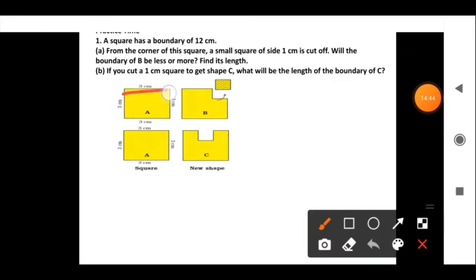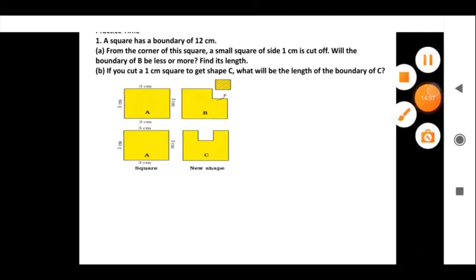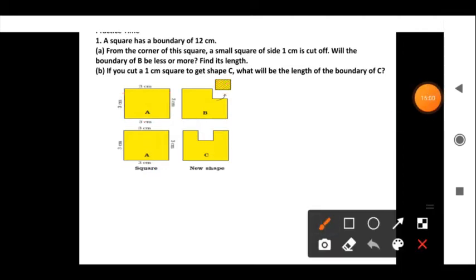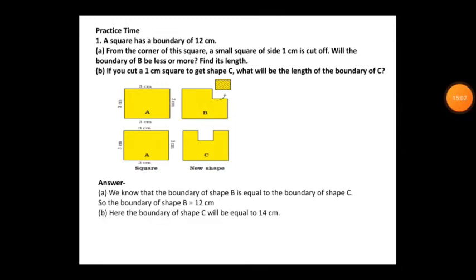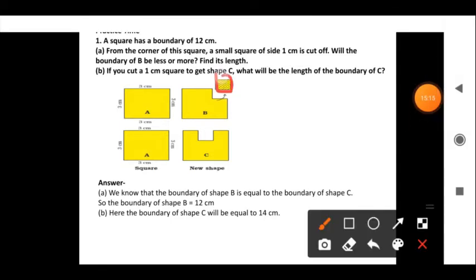First, figure A has complete squares. In figure B, 1 centimeter is cut off. And in figure C, again it is cut off in a different way. First, figure A: the boundary will be 12 centimeters, because 3 plus 3 plus 3 plus 3 is 12 centimeters. Now if 1 centimeter of square is cut off, what is the boundary?